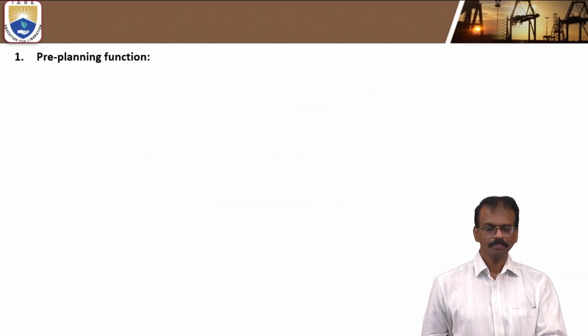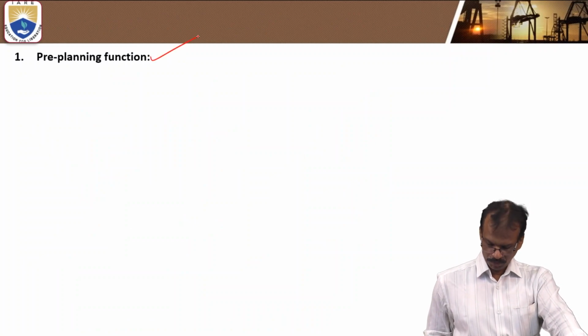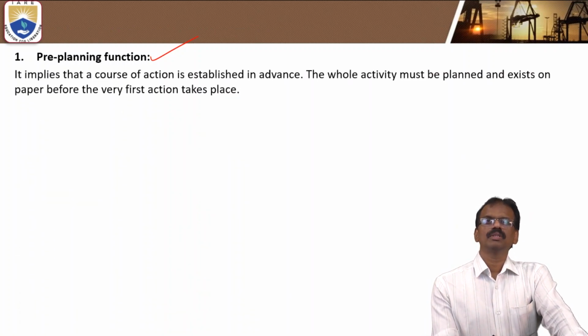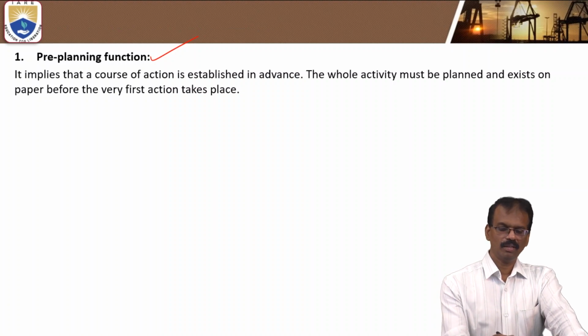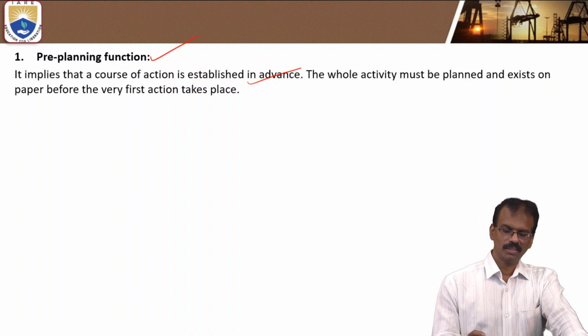The first one is the pre-planning functions. It includes, first, the macro level. It implies that the course of action is established in advance. The whole activity must be planned and exist on paper before the very first action takes place.